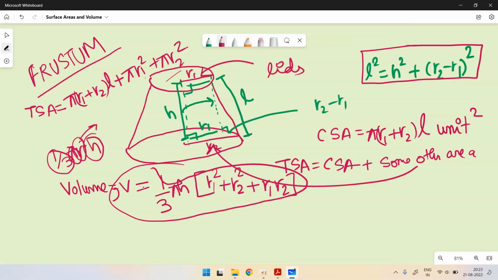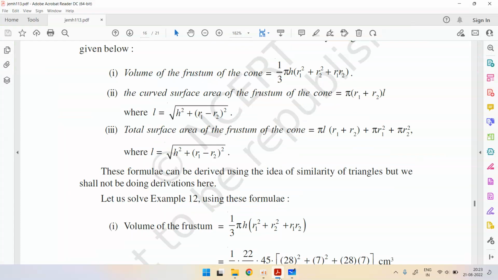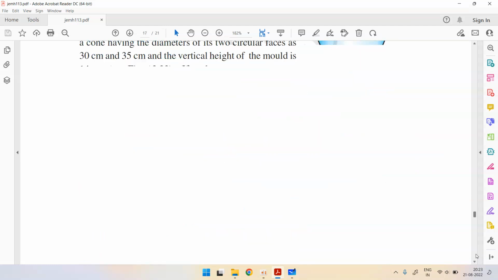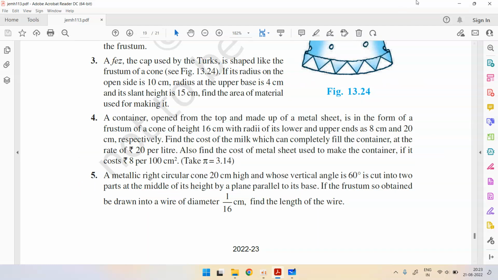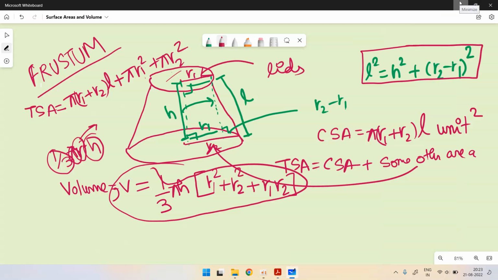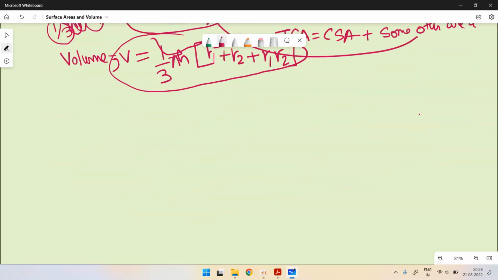Next, curved surface area. This is the basic thing you are knowing.